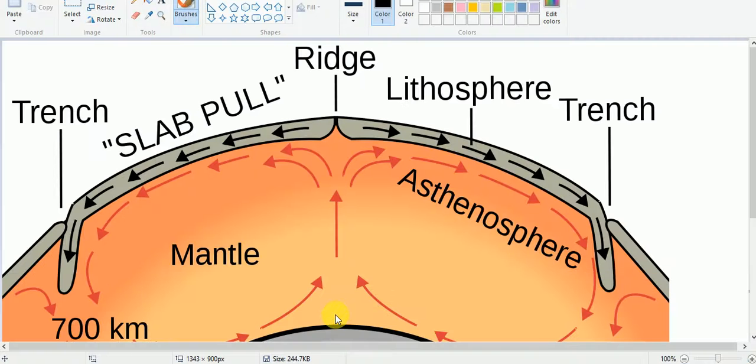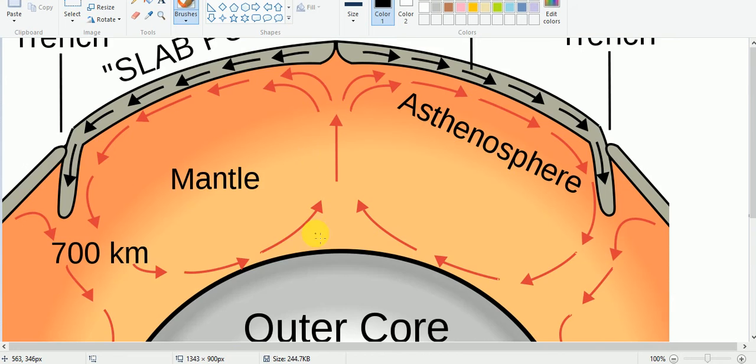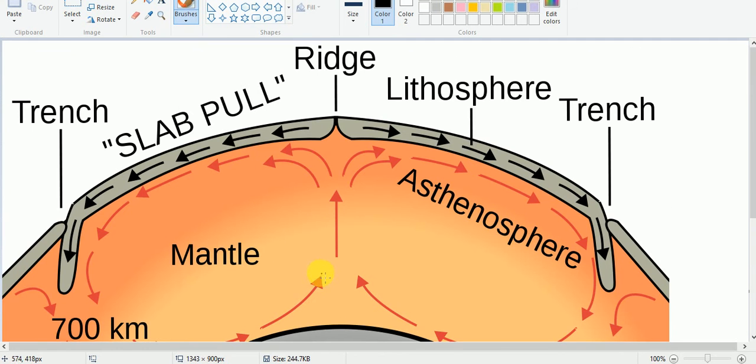We have to recall this diagram, which we have already discussed. This is the crust, and here we have the mantle, and within the mantle convection currents are generated because of radioactivity.